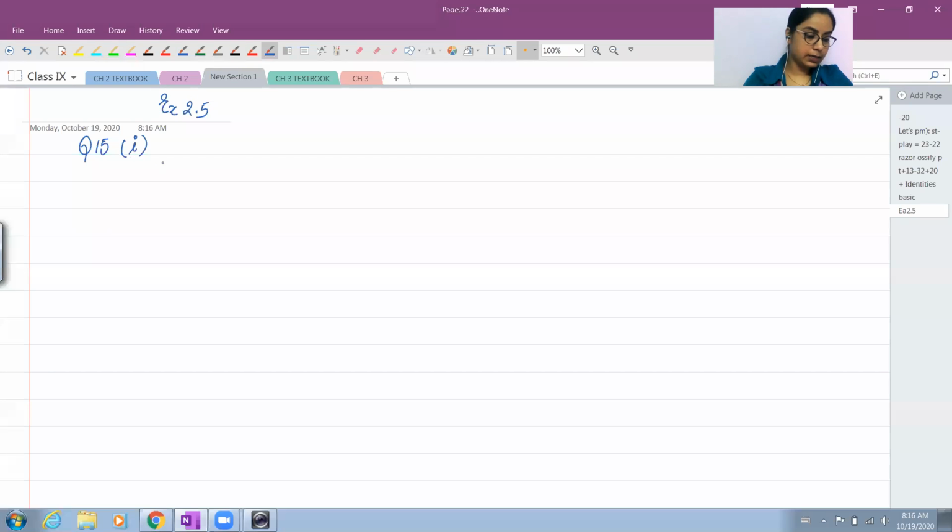The first part is the area is given as 25a square minus 35a plus 12. So we want to express it as a product of linear factors. I'm going to use splitting the middle term because I only have one perfect square, no other perfect square. Identity will not be applicable. The product that I require would be 25 multiplied by 12, and the sum that I require is minus 35.